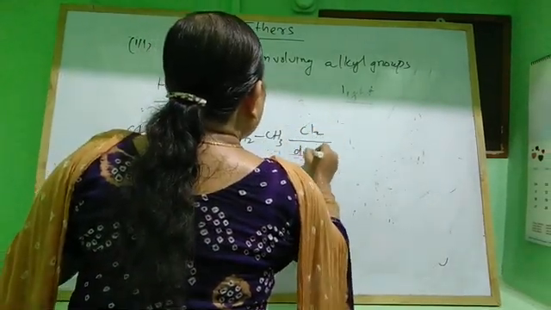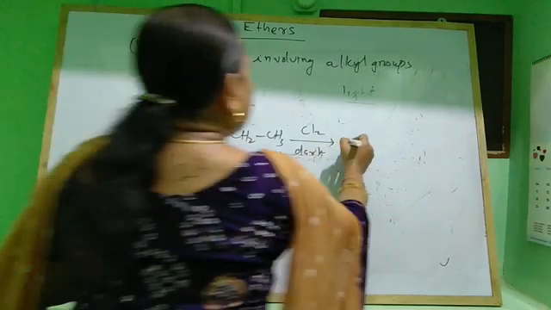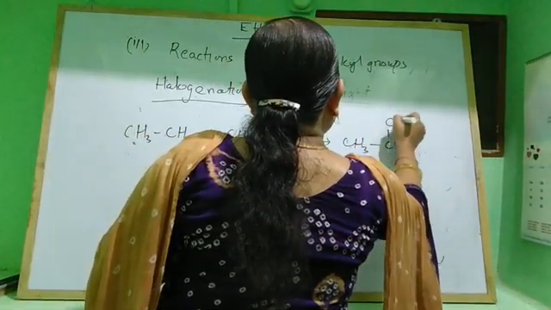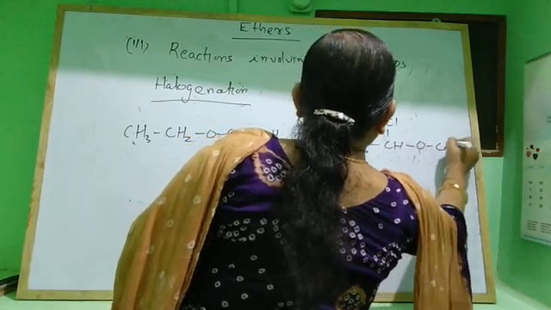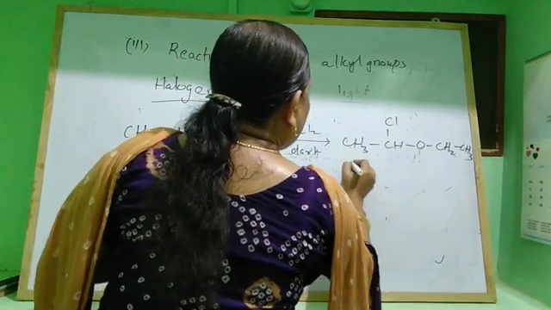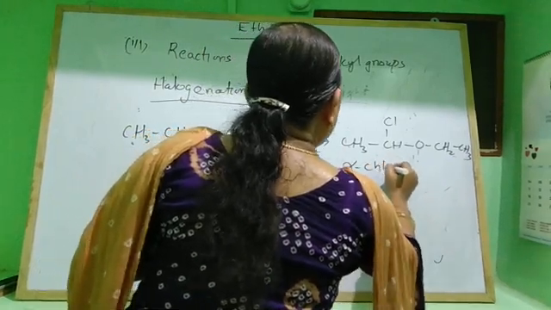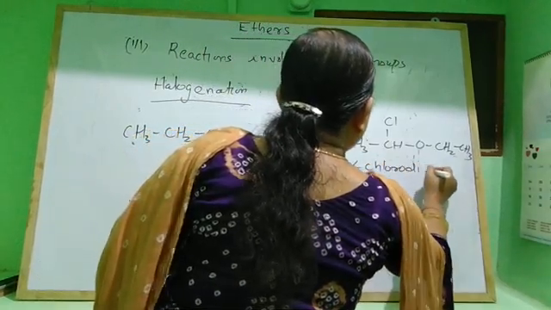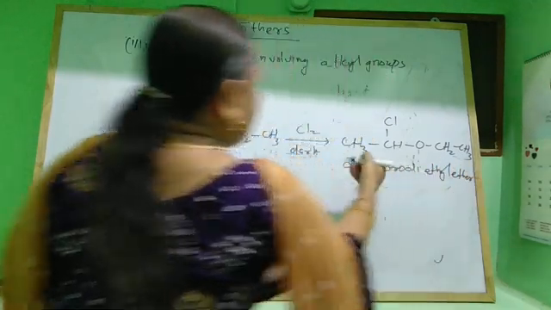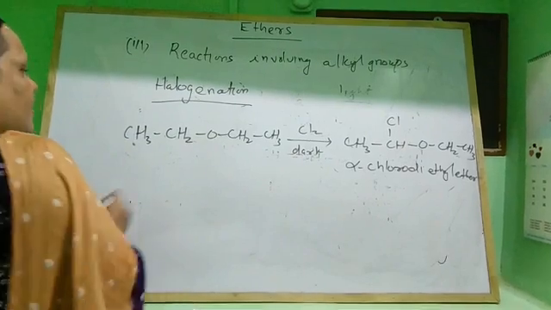In dark, it forms CH3CHCl-O-CH2CH3, alpha chloro diethyl ether or 1-chloro diethyl ether.